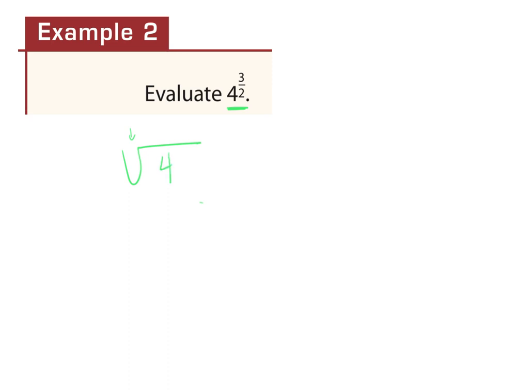That 4 is still inside, but this 3 is actually the exponent. Now you can do this 2 different ways. You can take 4 to the 3rd power and then take the square root, or you can write it like this, the square root of 4 to the 3rd power. Those are both the same thing.